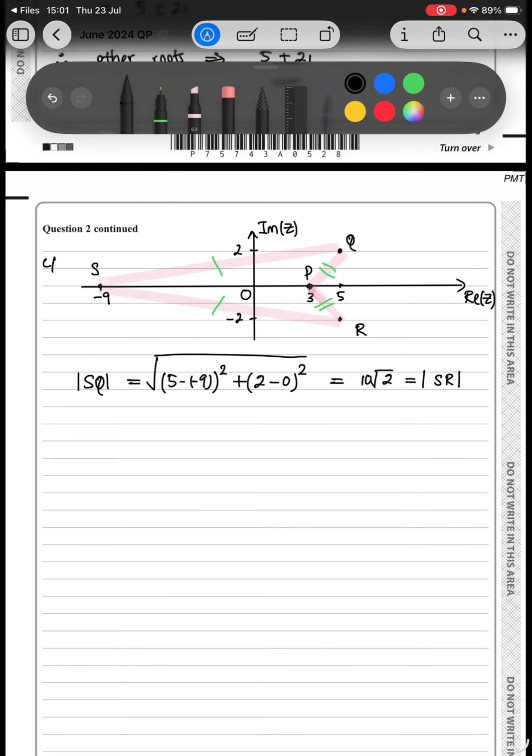Now we'll find the length PQ. PQ, we can take the coordinates of P as 3, 0 and Q as 5, 2.